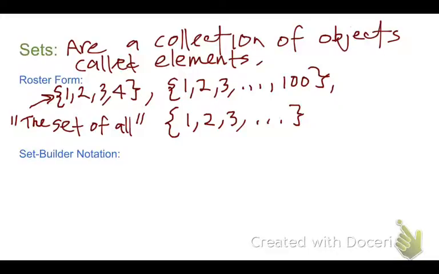With set builder notation, we have a little bit more detail, and so we start out with the set of all, and generally we have a variable, so that'd be the set of all x. The vertical line means such that.